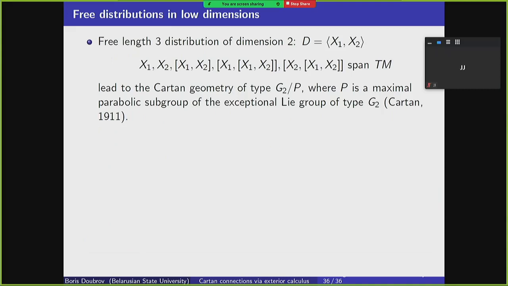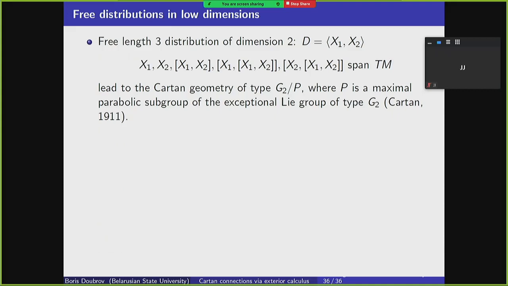And the other cases of free distributions are certainly of big interest, but that would require much more computation, much more time, and essentially would not provide any additional conceptual information on how one constructs Cartan connections.